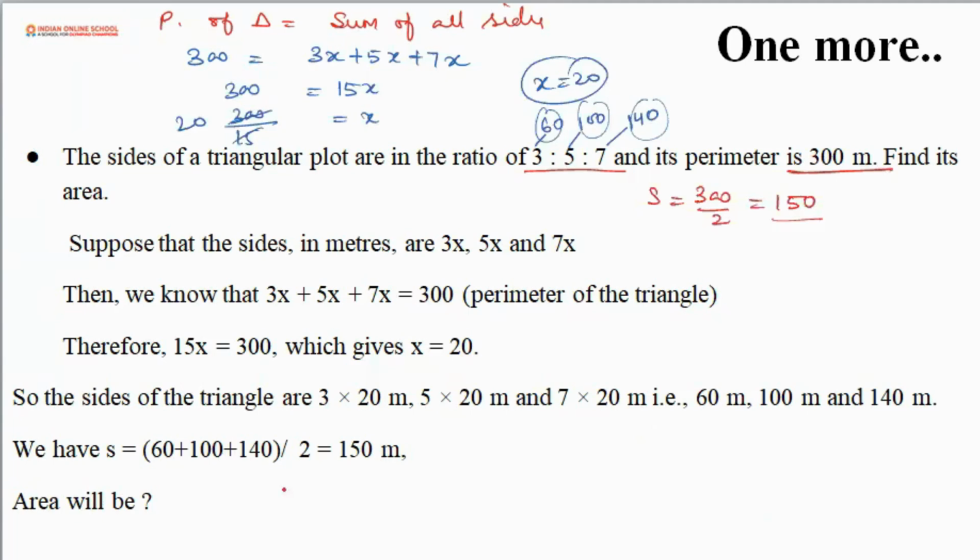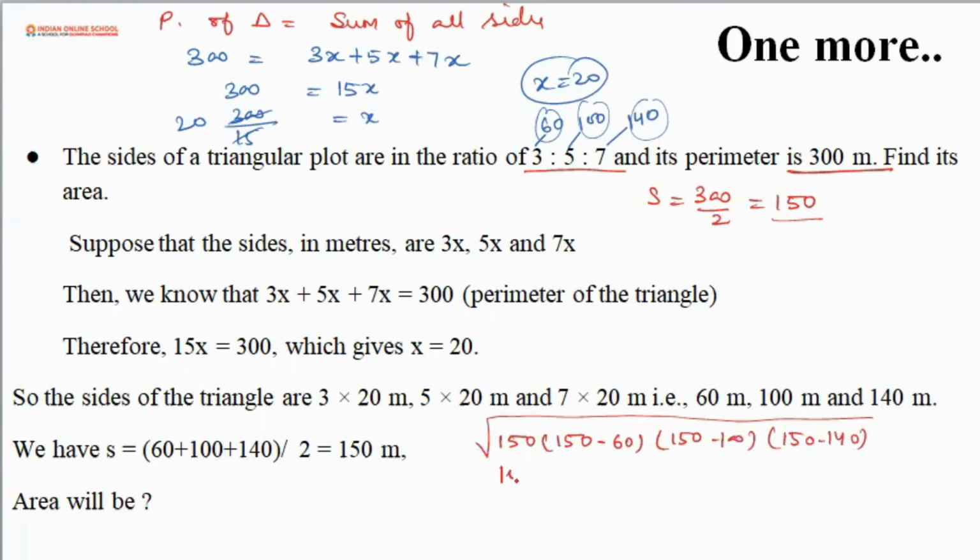Now we put it into the formula: the root of 150 times (150 minus 60) times (150 minus 100) times (150 minus 140).